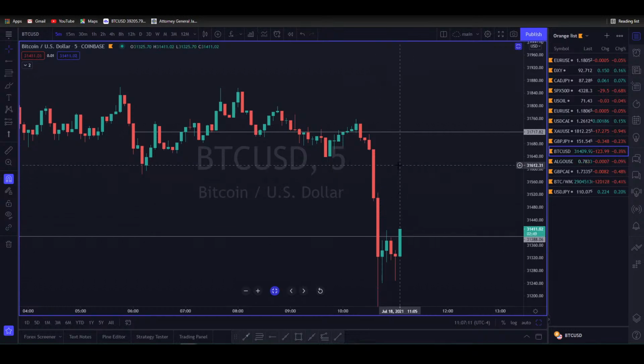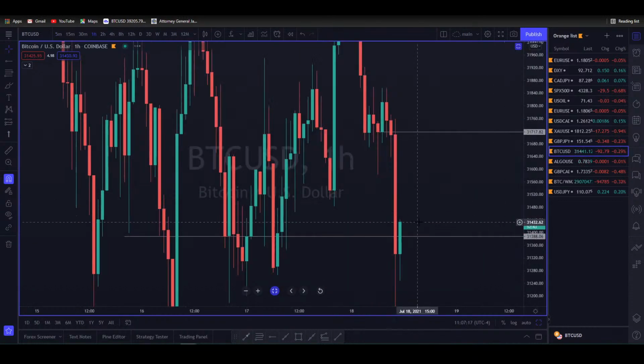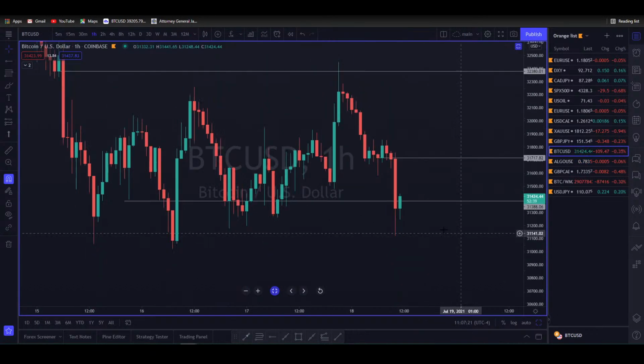But that was a big sharp move to the downside. So now what we're going to see is if we get a reaction up in here, then we can maybe possibly look for bearish entries, because we do know for sure that this bullish push right here is a bull trap, because there's your hourly close above and then immediate rejection sideways down.